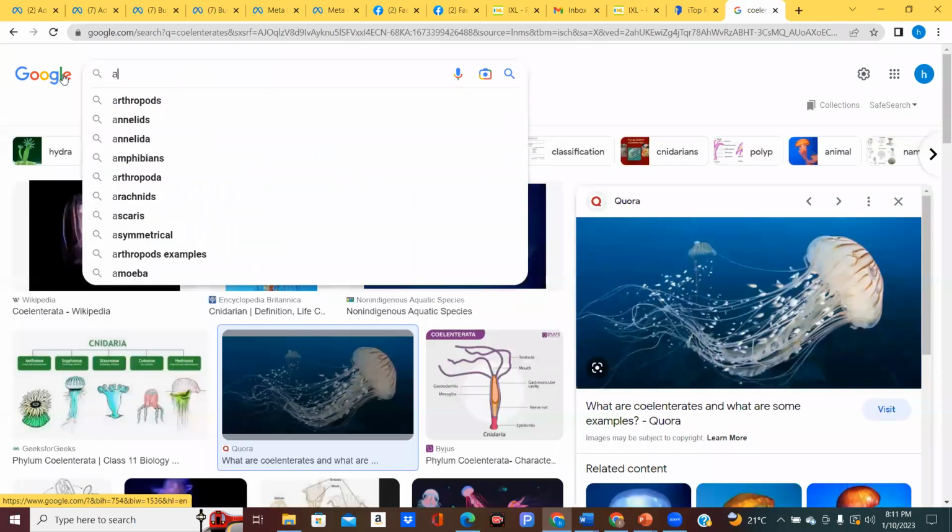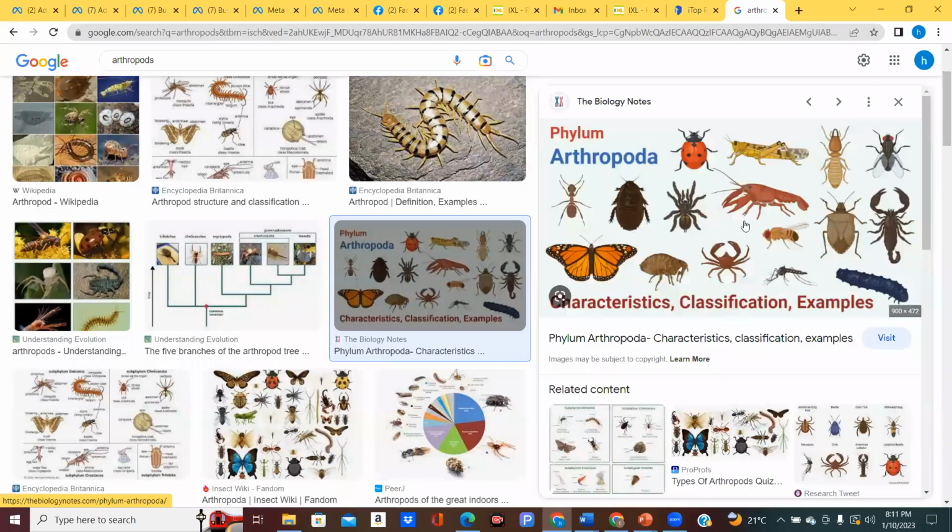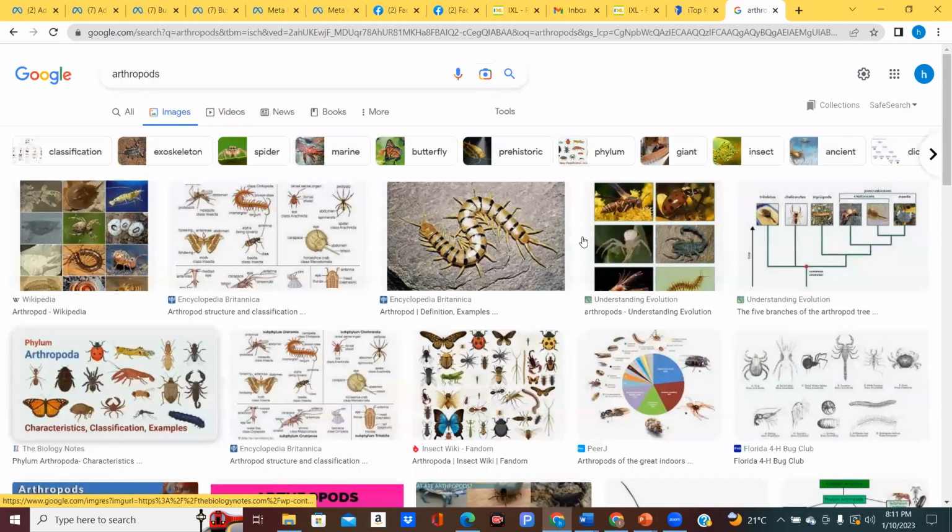Like I was saying about arthropods, you can see them with your naked eye, like butterflies, insects, scorpions. So they are not single cell. And then the other one was echinoderms.